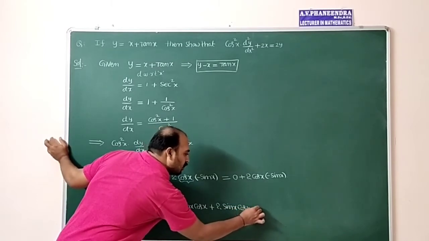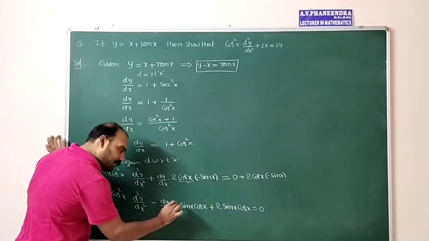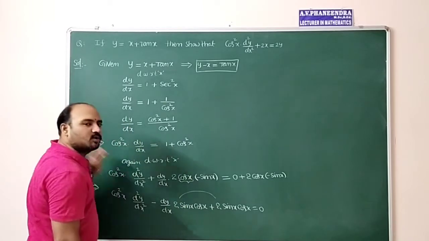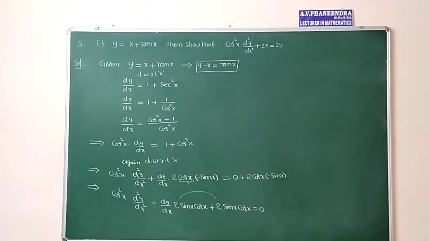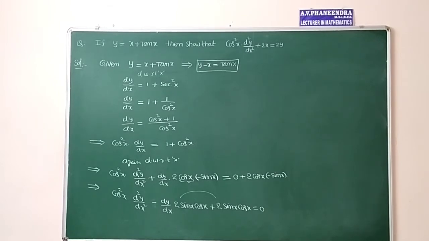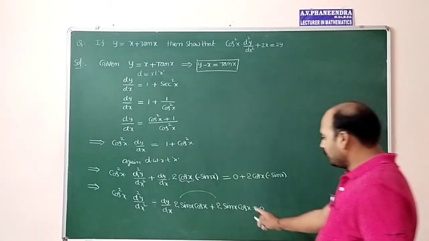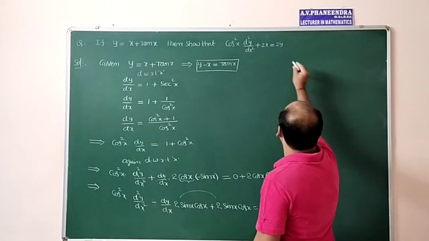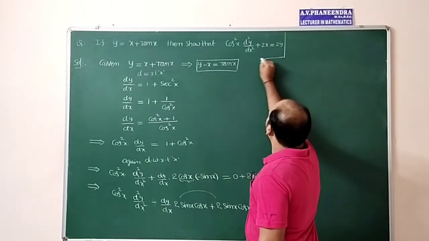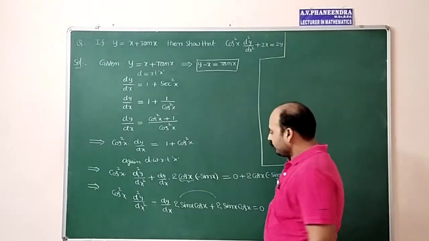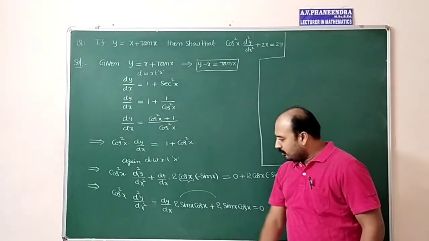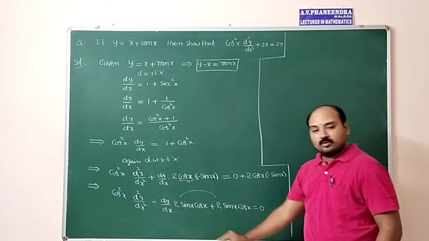This is equal to 0. In the next step, we have to take common 2 sin x cos x. From these two we are taking common 2 sin x cos x now.